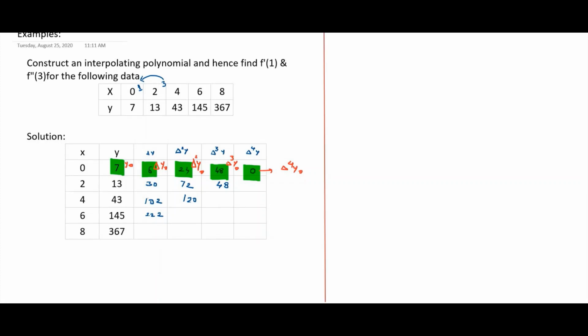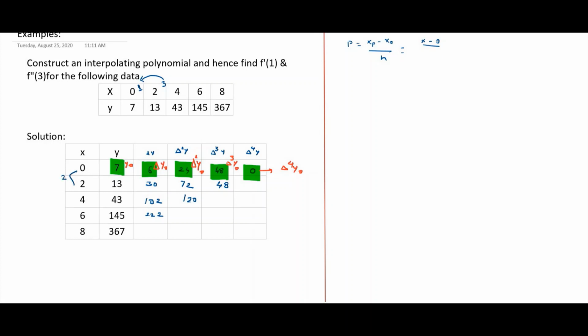Here, first we have to construct an interpolating polynomial, and to construct it, first we have to find the value of p, and the p formula is given by xp minus x naught divided by h. But to construct the interpolating polynomial, we can take xp value as x only, and x naught is the first value of x, that is 0, and h is the difference between two consecutive values of x.